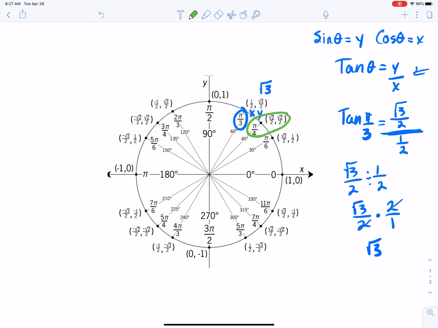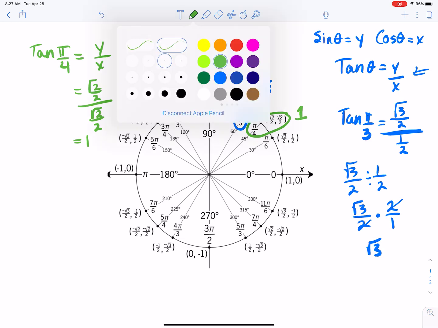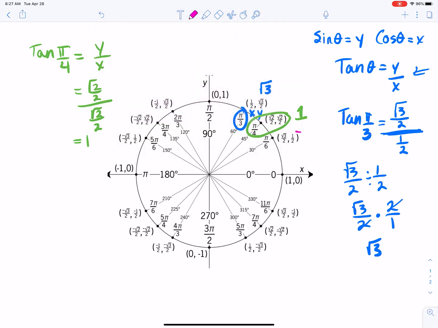Now let's take a look at pi over 4. Tan is equal to y over x, which is root 2 over 2 divided by root 2 over 2, which reduces to simply 1, because anything divided by itself is 1. All right, and lastly, I'm going to take a look at tan of pi over 6.